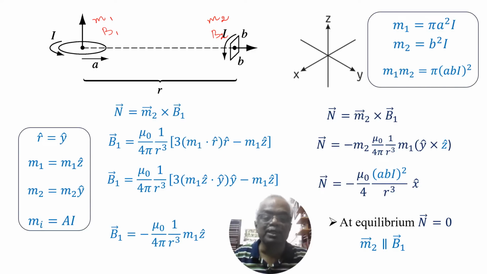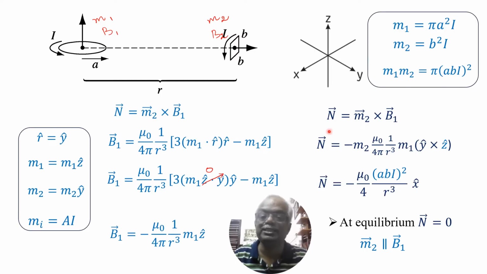So z dot y, it is perpendicular, so this will be equal to 0. Only the second term is retained, that is minus m1 z. So this minus I am taking out. This will be equal to mu naught over 4 pi, 1 over r cubed, m1 z hat.